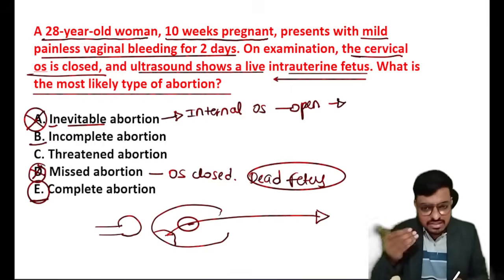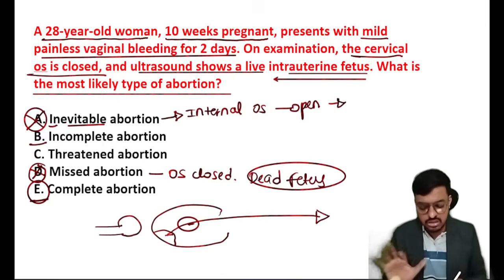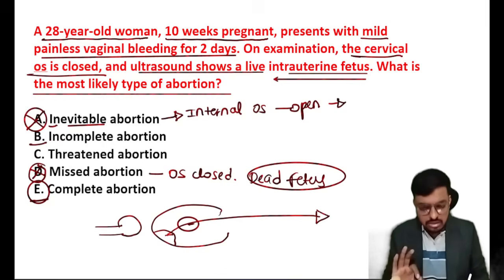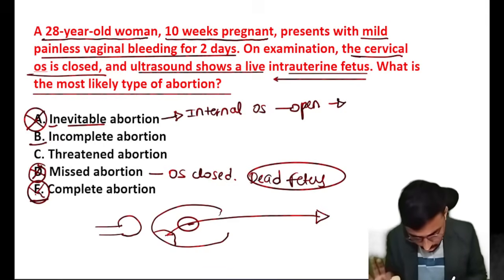Is anything like that mentioned in the question? Nowhere is it mentioned that the product of conception came out. So this is not complete abortion, and I am eliminating option E.